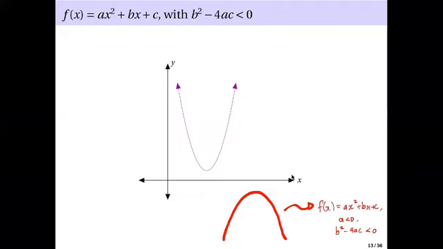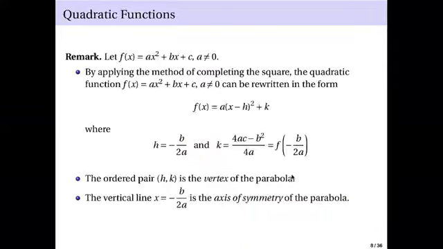So, when you have a quadratic function, what are the special objects associated to it? First, of course, the opening, or the graph of the parabola itself.